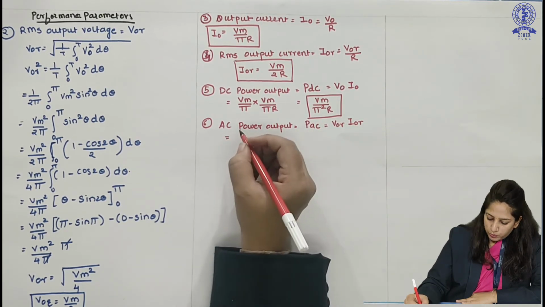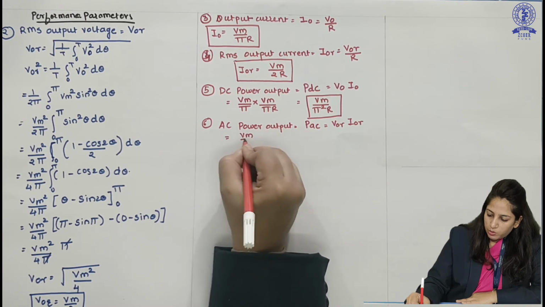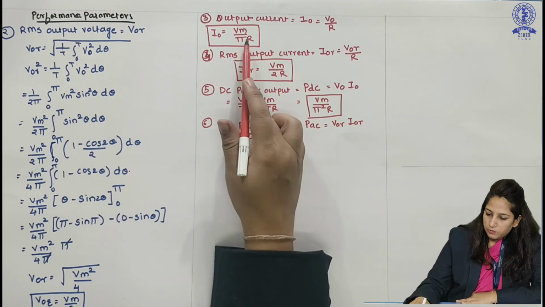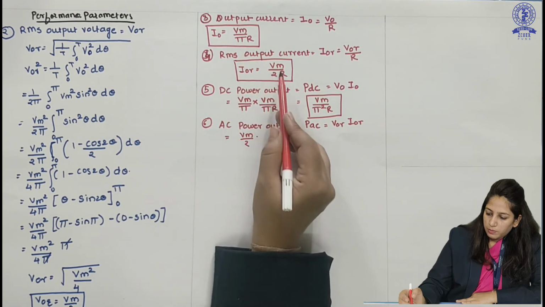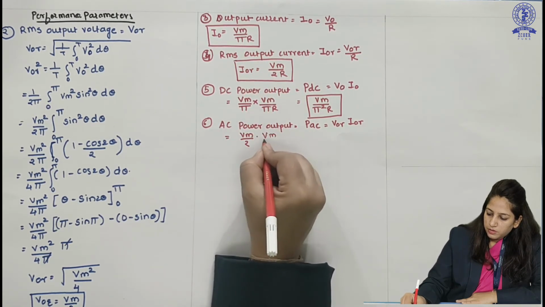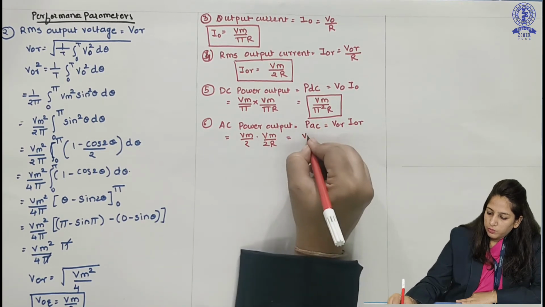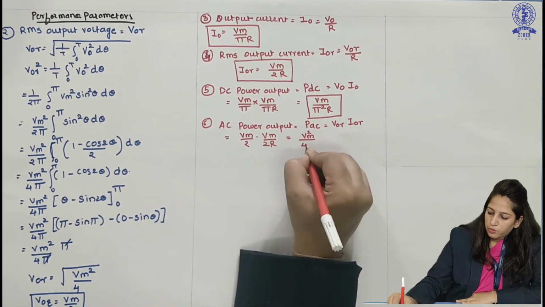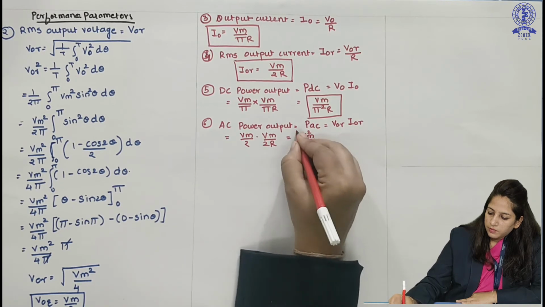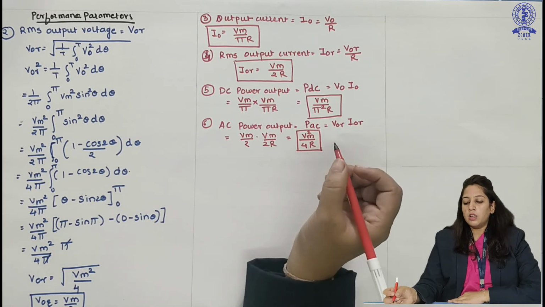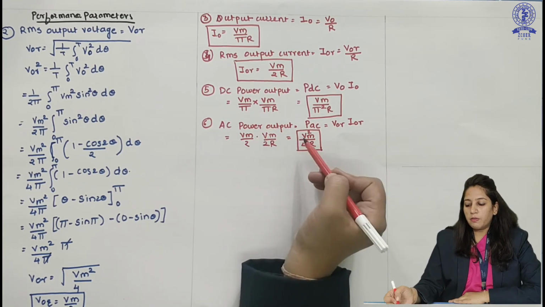RMS output voltage is Vm upon 2, and RMS output current is Vm upon 2R, which will be equal to Vm square upon 4R. In this way we have found out DC power output and AC power output.